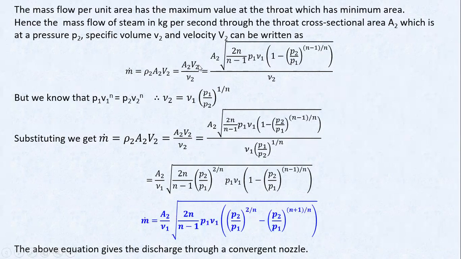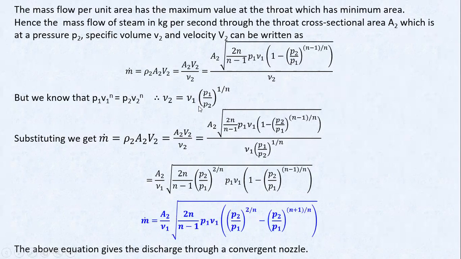That will be equal to A2 into the V2 expression we obtained in the previous slide, divided by the specific volume. As we said already, P1 V1 power n is equal to P2 V2 power n because it is an isentropic flow. Therefore, v2 will be equal to v1 into (P1 by P2) power 1 by n.